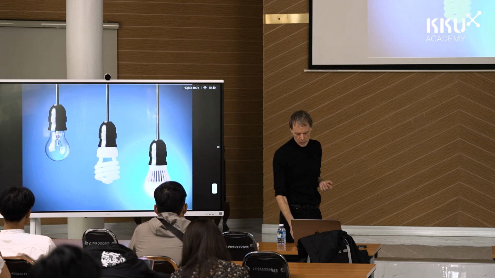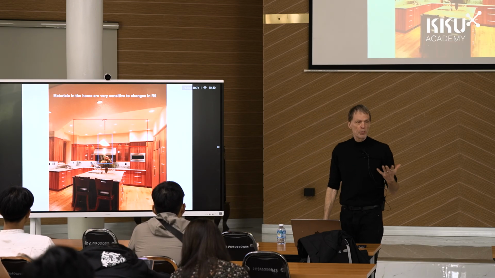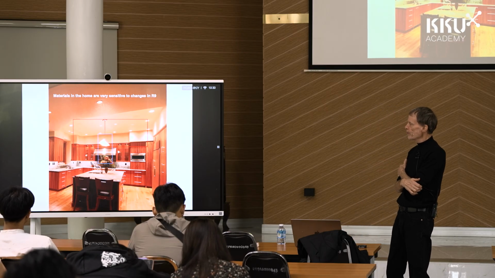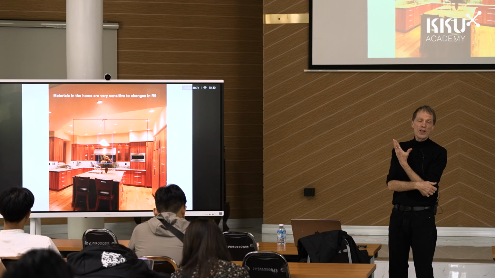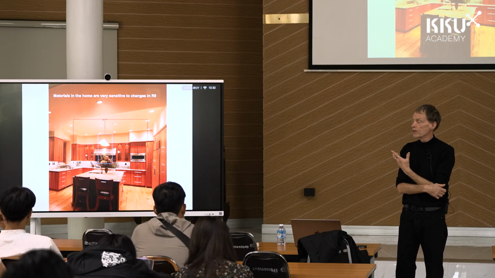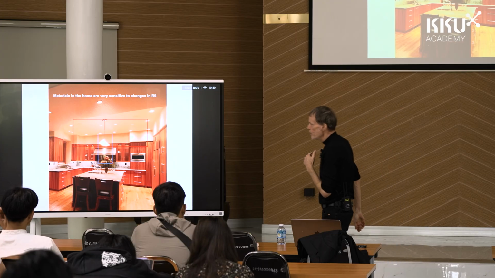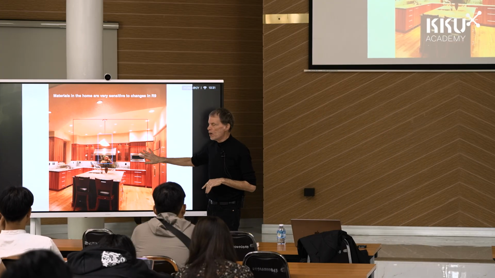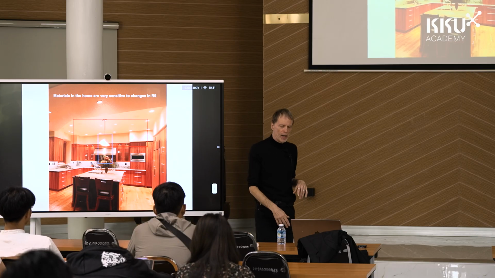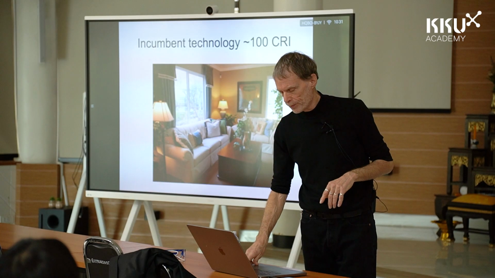So what does this mean to buildings that we commonly work with? In California, I'm very involved with developing design standards for architects. And the materials in the home are very similar, lots of wood, okay? So you need to have high R9.